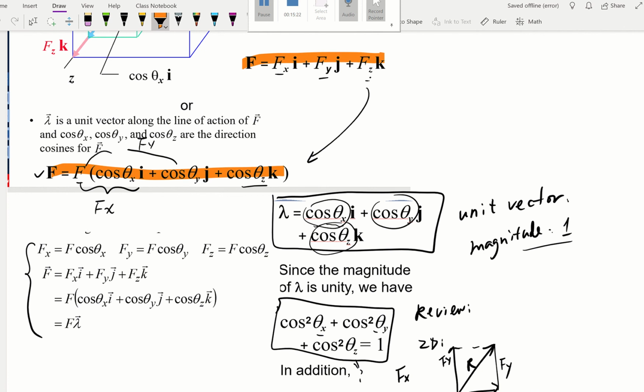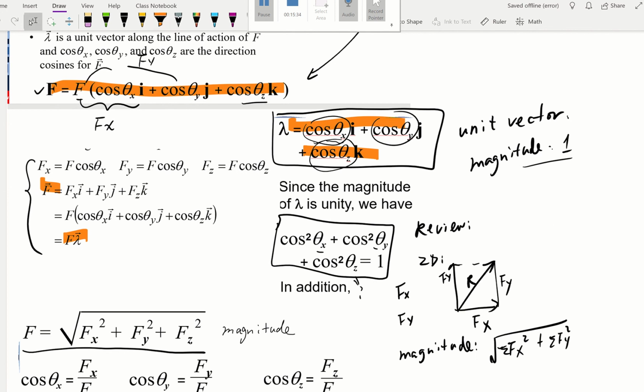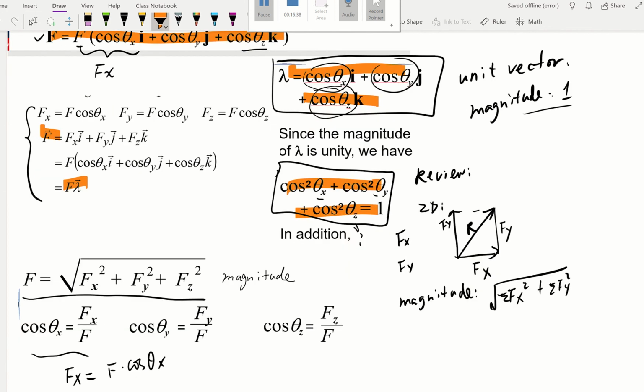Once we have this equation, we come up with this unit vector. So then we can write down F is equal to F lambda, right? And with this unit vector, we have this relationship, and we figured out how to find the magnitude of force in 3D, Pythagorean theorem. And then there's a relationship to finding the angle using Fx over F, and that's cosine theta x.